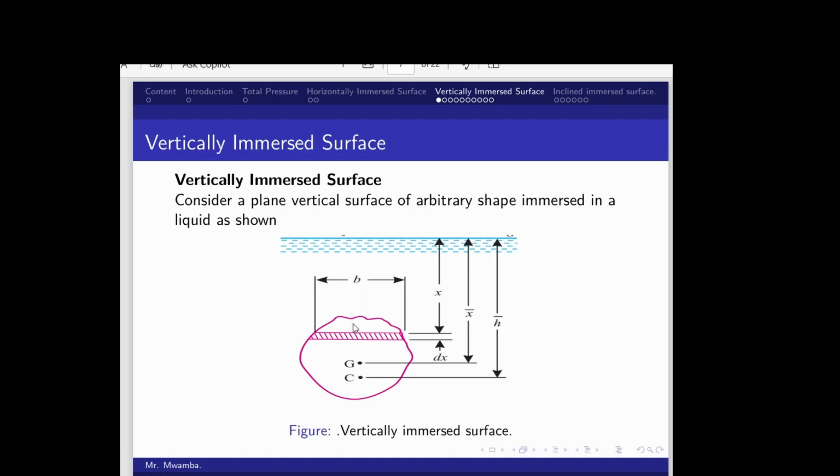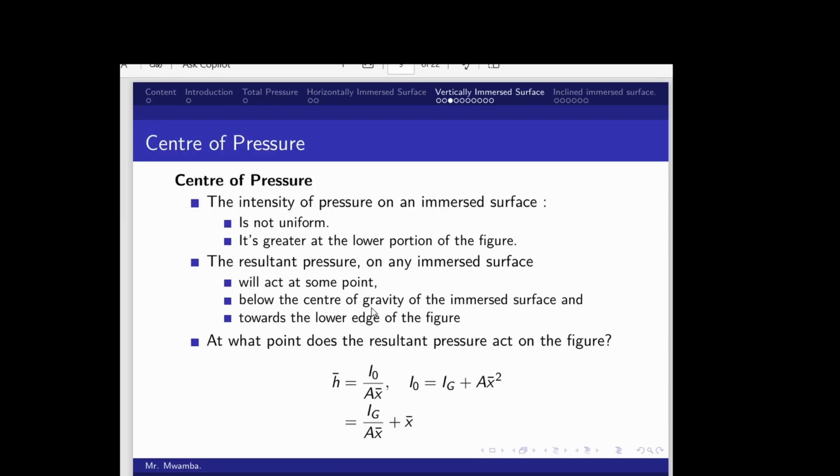On top you have less liquid volume acting on this surface, and that's why the pressure acting on the immersed surface is not uniform and is greater at the lower position of the figure.